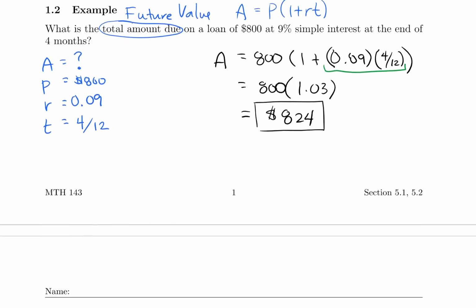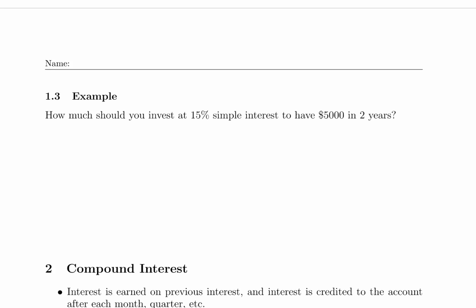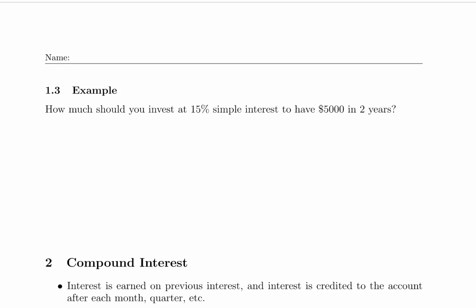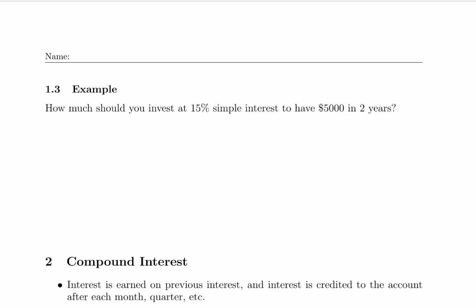Let's look at another example with simple interest. This time we want to know, how much should we invest? So this is asking us for the principal. How much should we invest at 15% simple interest to have $5,000 in 2 years?